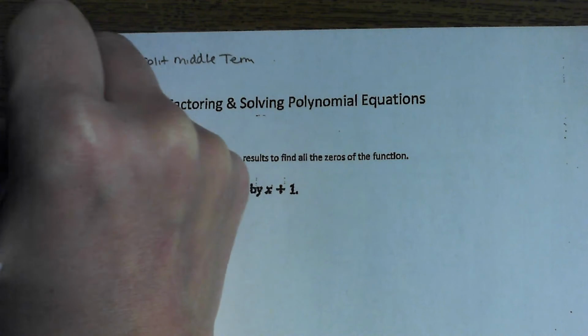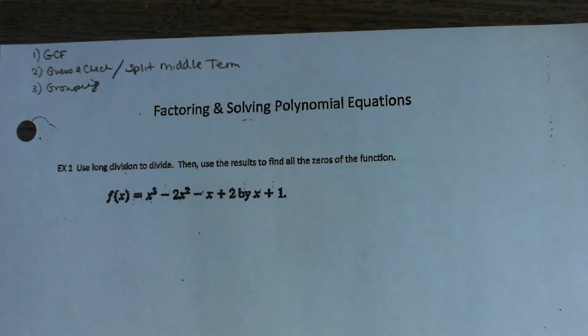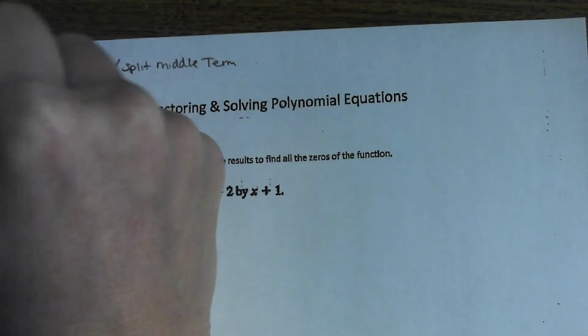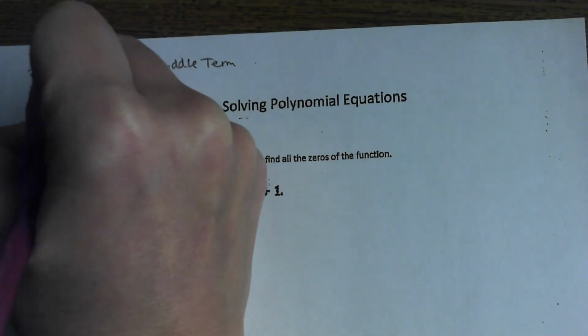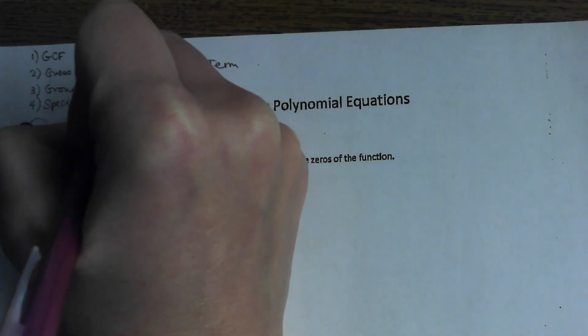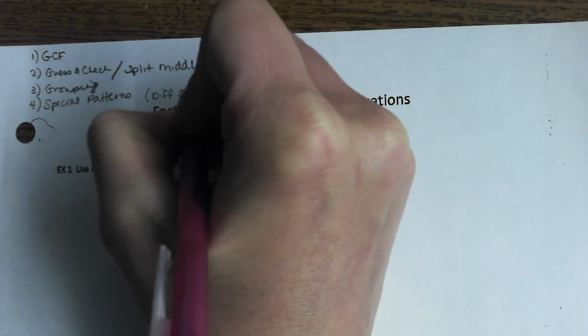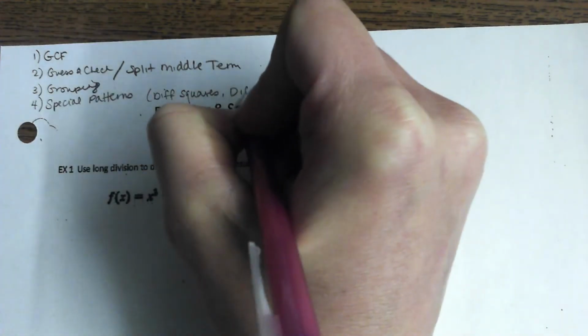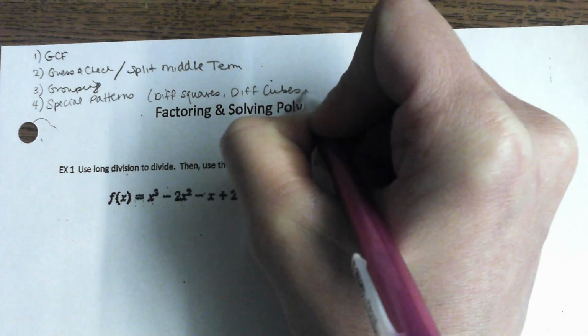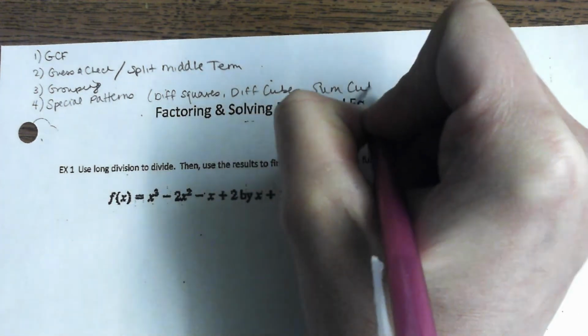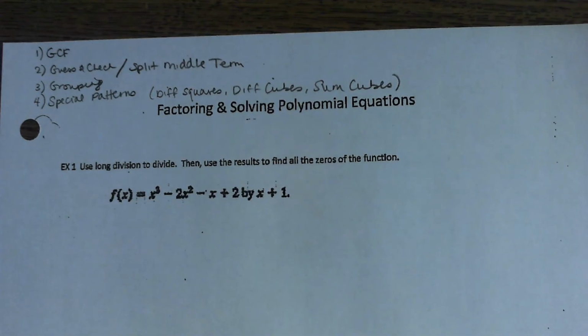We've done grouping, and you've done your special patterns like the difference of perfect squares, difference of perfect cubes, difference of squares, difference of cubes, and the sum of cubes. Those are all what I would consider to be your traditional methods of factoring, and I only call them traditional because you work on them most often.